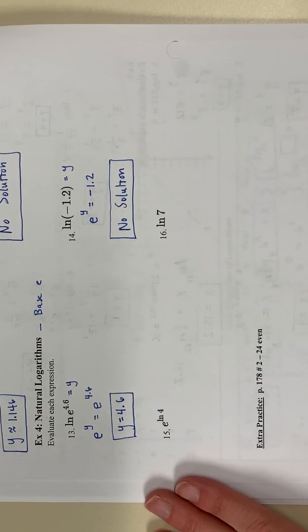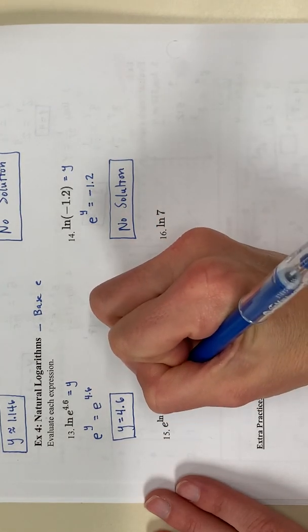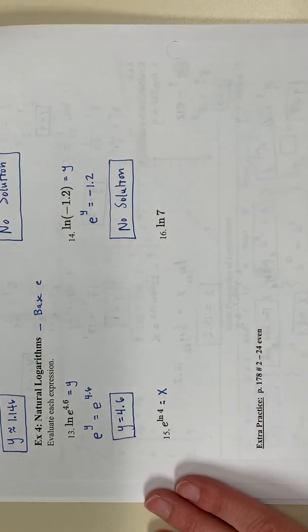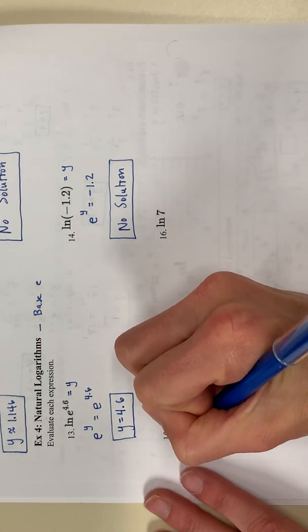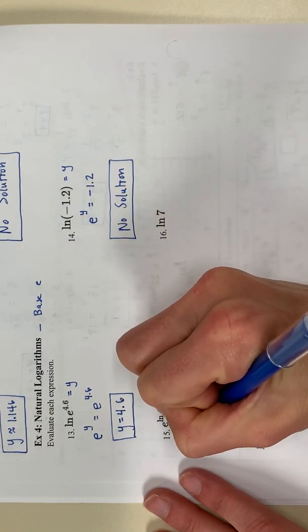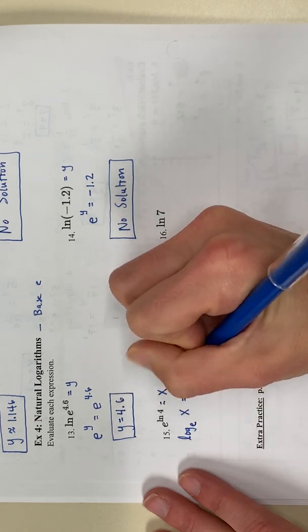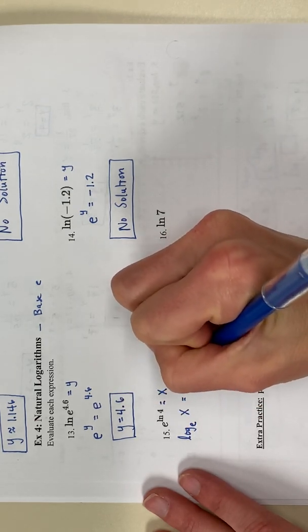Problem number 15 is written in exponential form, so I need to change this to a logarithm. So this is equal to x. If I were to write this as a log, the base of the exponent is e, so e to the x power is equal to natural log of 4.